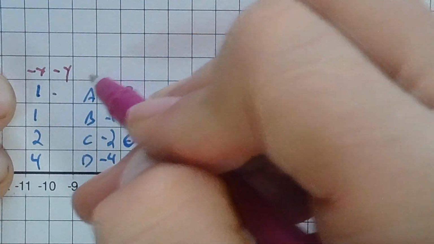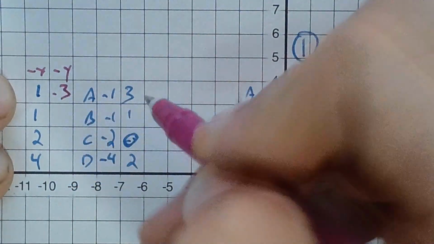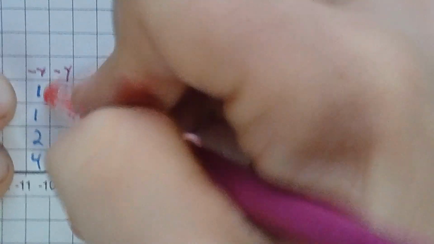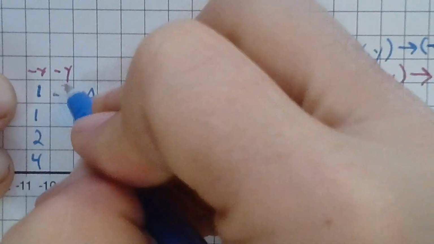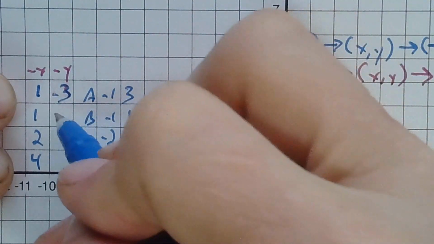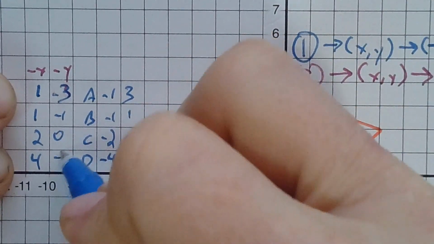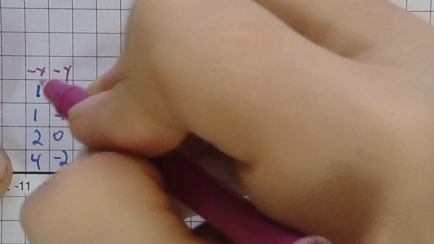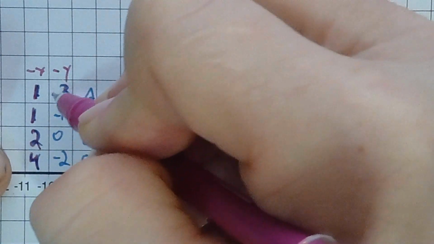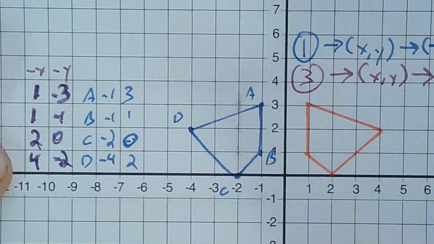-3. Oh, why am I making that? It should be a different color. -3, -1, 0, -2. Well, these should have been all this color. Okay.